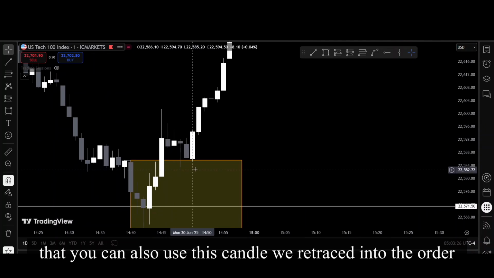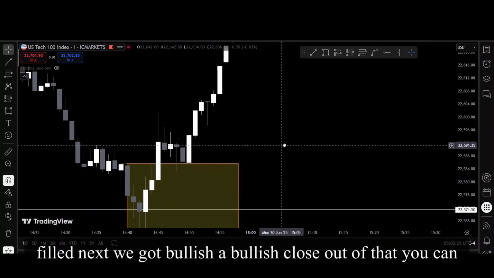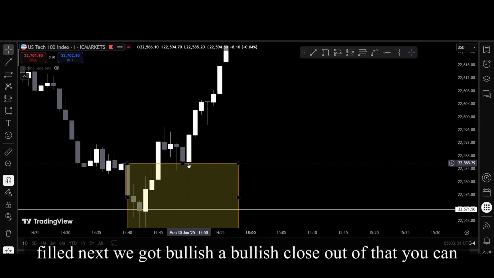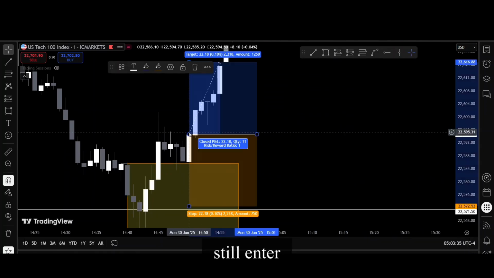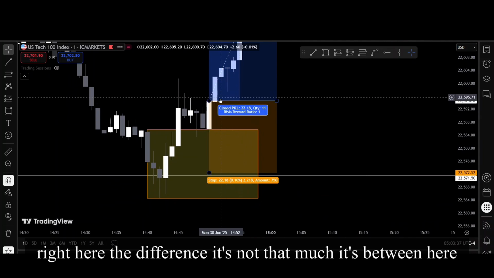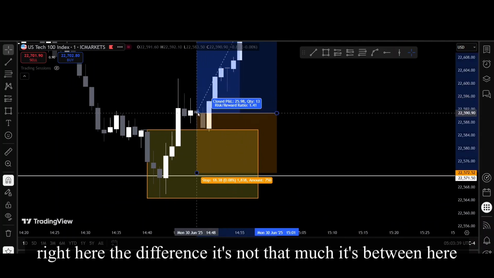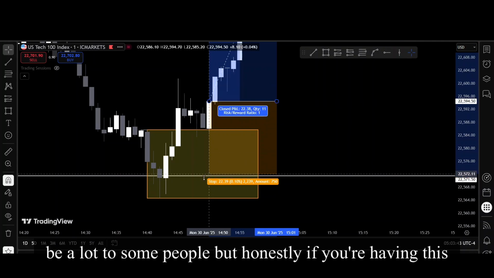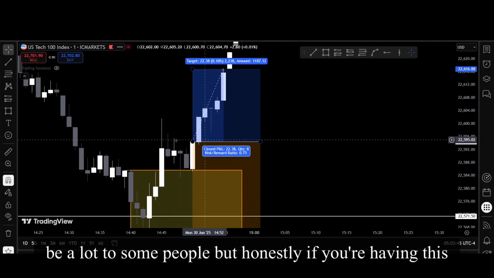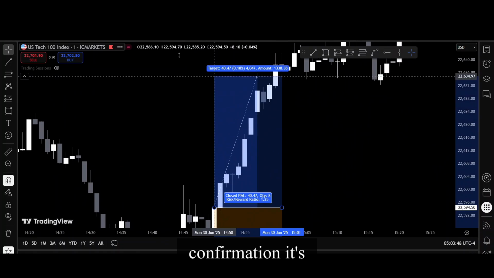We retraced into the order block, meaning it's failed. Next, we got a bullish close out of that. You can still enter right here. The difference is not that much, it's between here and here. It could be a lot to some people, but honestly, if you're having this confirmation, it's likely going to play out.